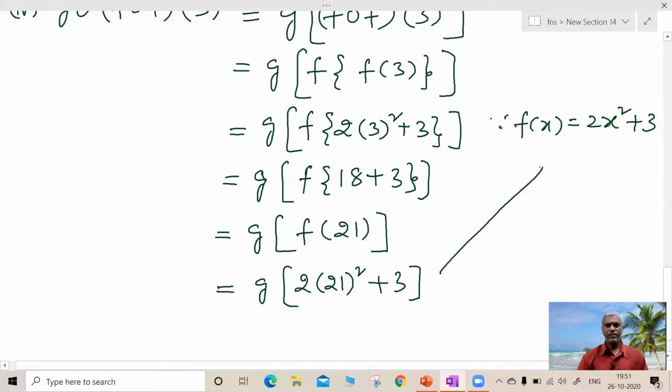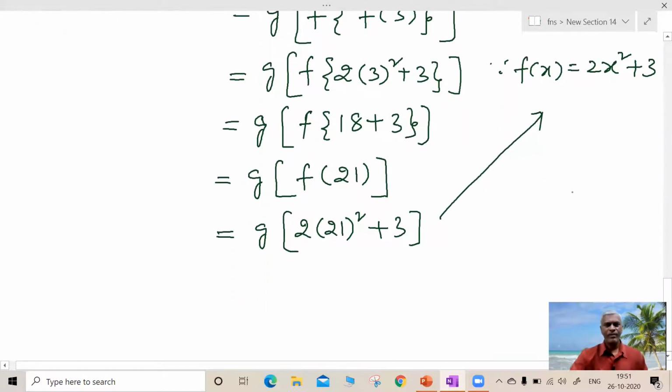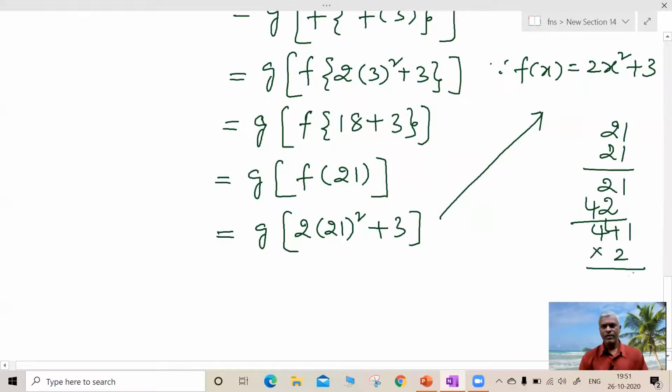So again the same f function. 21 square, 21 into 21 is 441, 441 into 2 is 882. 882 plus 3 is 885. So this will be 885.